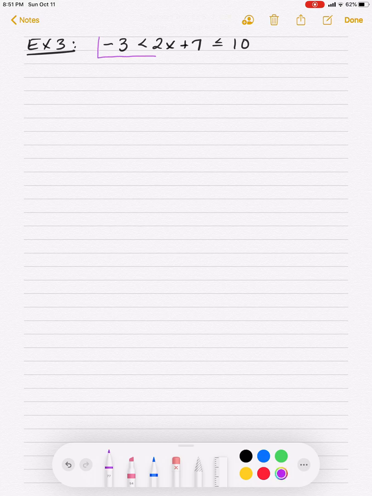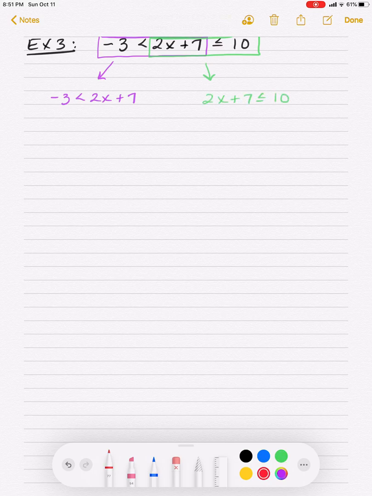The first inequality is this one right here, okay, if you can see this one. And what that means is it's going to be -3 is less than 2x plus 7. Your second inequality is going to be this one. And what you can see is they overlap, okay, with the 2x plus 7.